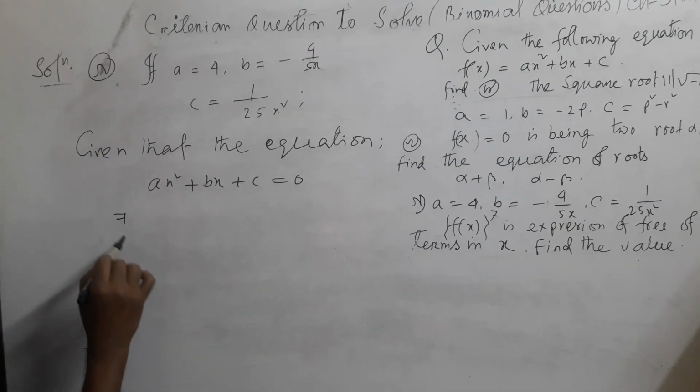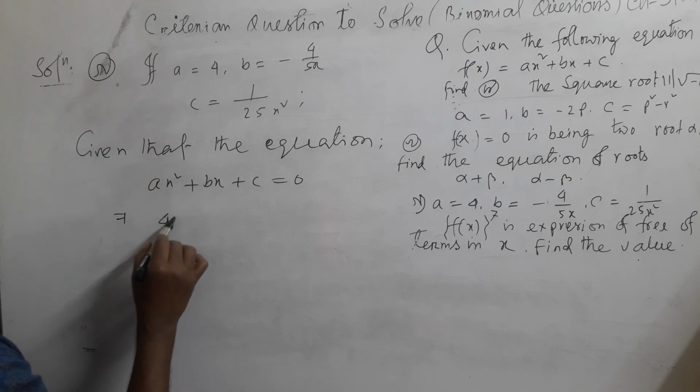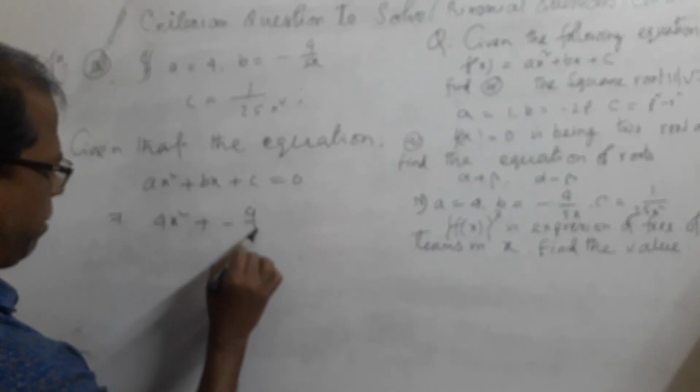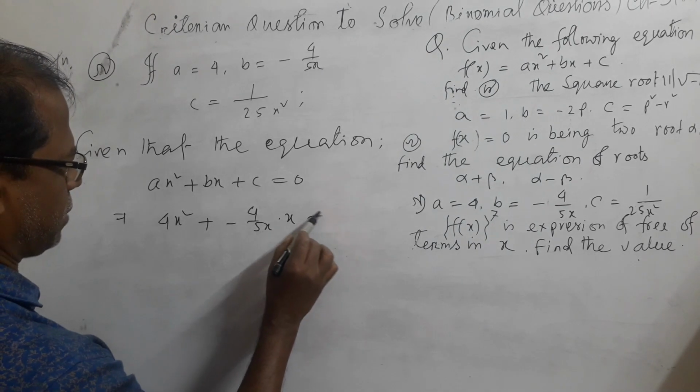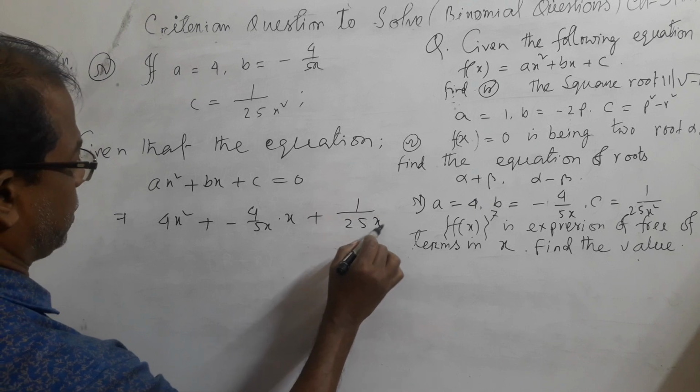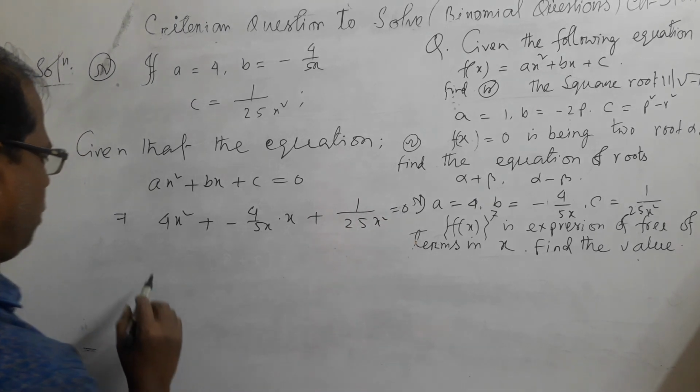So that's why a, that means 4x square, plus b, that means minus 4 divided by 5x, into x, plus c, that means 1 divided by 25 into x square, equal 0.